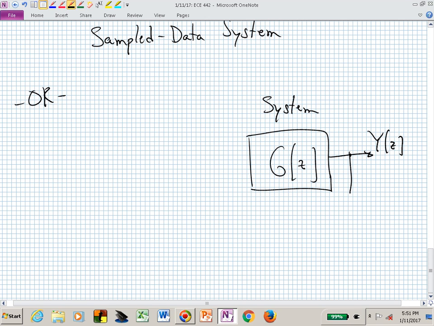Now if we do this in the frequency domain, all of our signals are now the Z transform of the output, the Z transform of our reference signal. And let me just call this something a little bit different. Let's say that's D sub D bar. Since our system is digital, we don't need to worry about converting signals from analog to digital or vice versa.